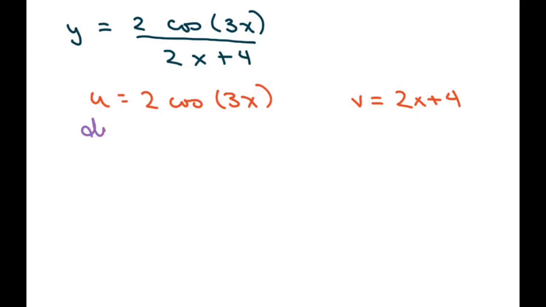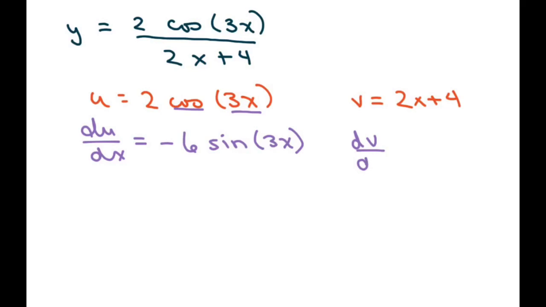If you take the derivative of u with respect to x, you're going to get the derivative of cosine is negative sine, and then you also have to take the derivative of 3x, which is 3, so it's going to be negative 6 sine of 3x. Okay, and then v, derivative of v with respect to x is just going to be 2.